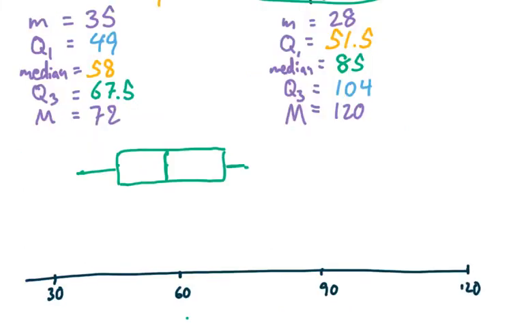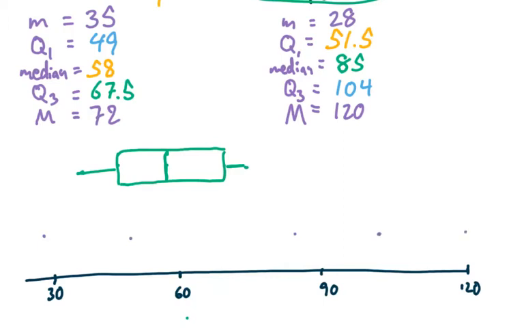All right, and so there we have the box plot for the first set of data, that is the speeds of the wooden roller coasters, and that is how they are distributed. What we do from there is find the minimum value, the first quartile, the median, the third quartile, and the maximum value.